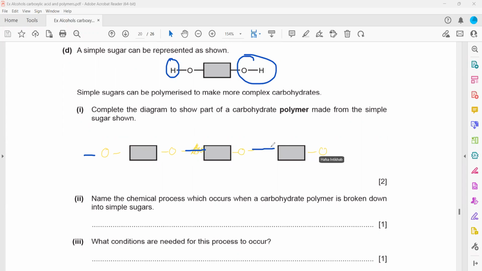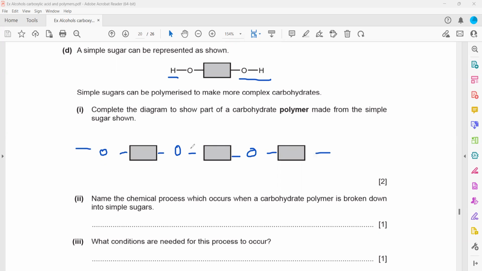And if you start with oxygen, then you should not end with oxygen. Because the simple idea is that one we remove H, other one we remove OH. So this will be O, and there's nothing there. Then another molecule O, and nothing there. Then another molecule O, and then nothing there.